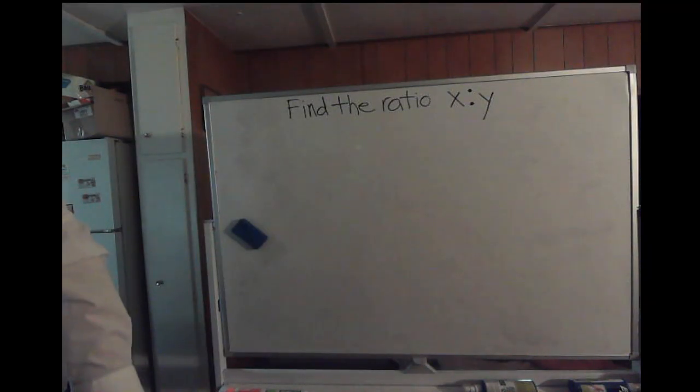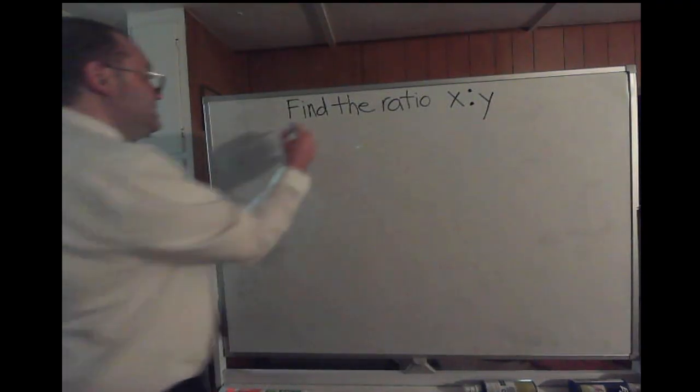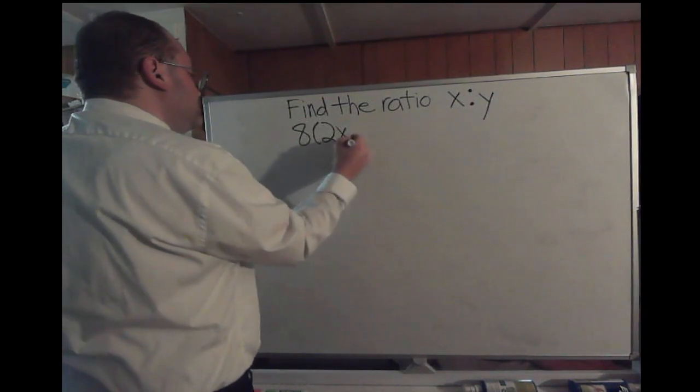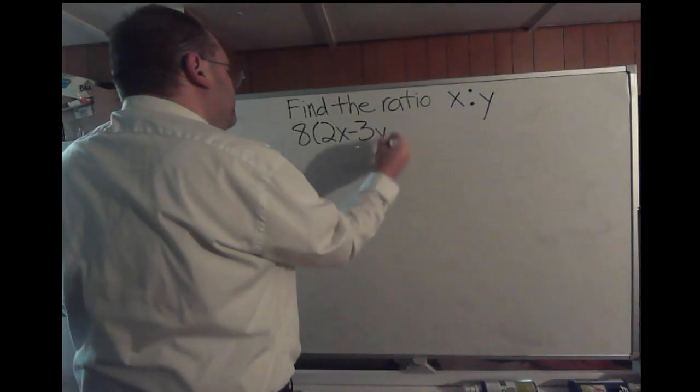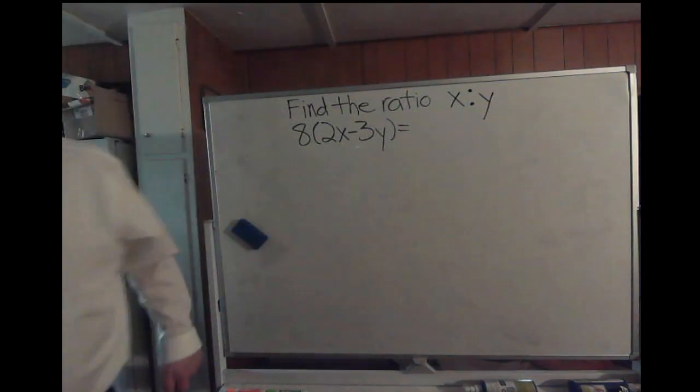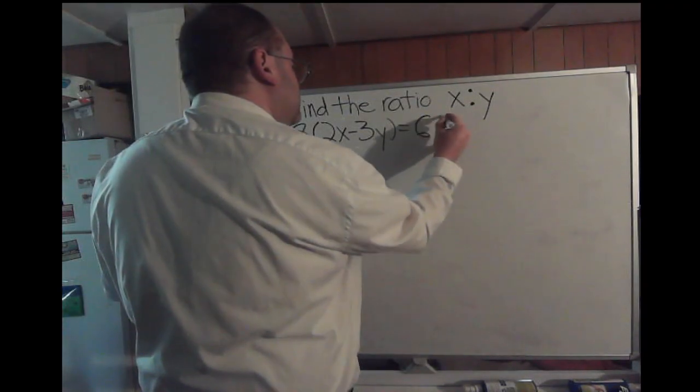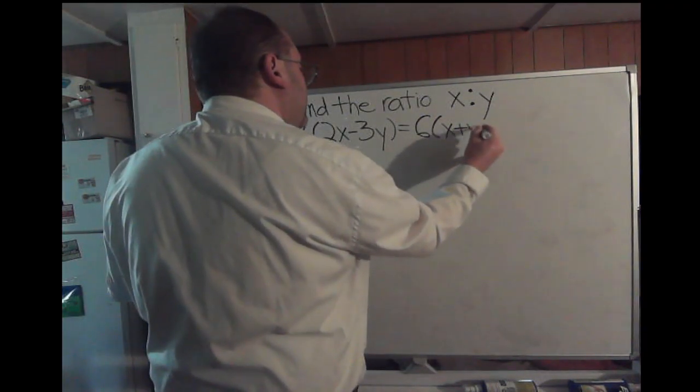Alright, let's see here. We have 8 times the quantity of 2x minus 3y is equal to 6 times x plus y.